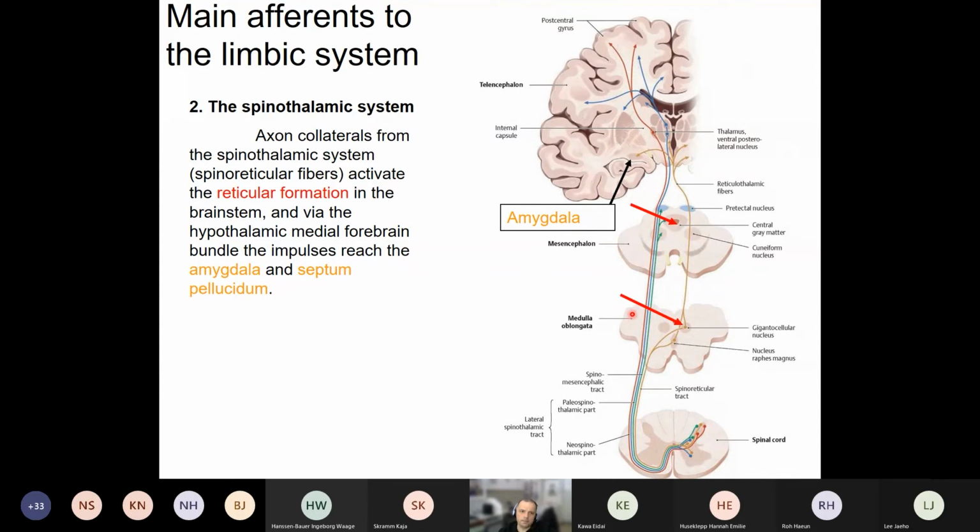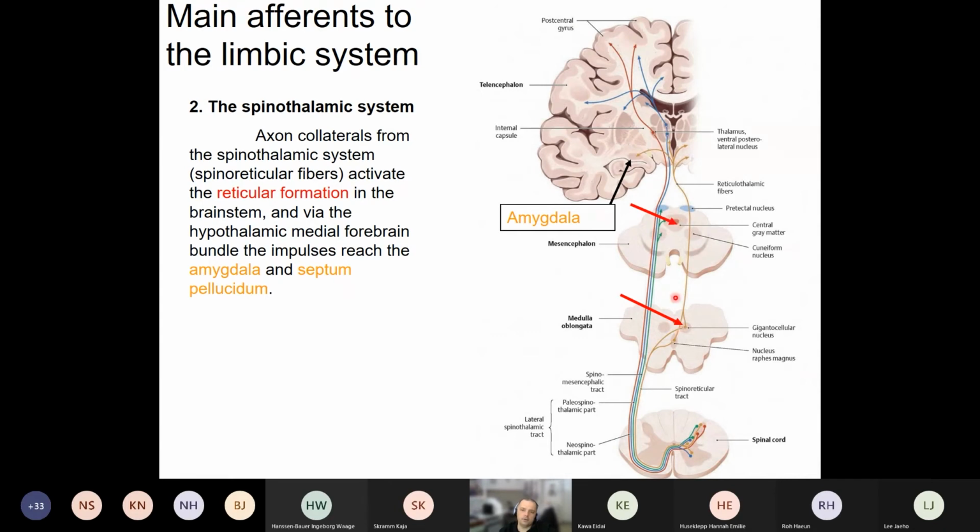And the spinothalamic system is much more complex than we usually discuss, because we always talk about the pathway that comes from the dorsal horn of the spinal cord and goes to the VPL of the thalamus and then to the cortex. But besides that, we also have fibers which reach the reticular formation. It synapses in many nuclei. Don't waste your time with the names of these nuclei. It's enough if you know it's the reticular formation.